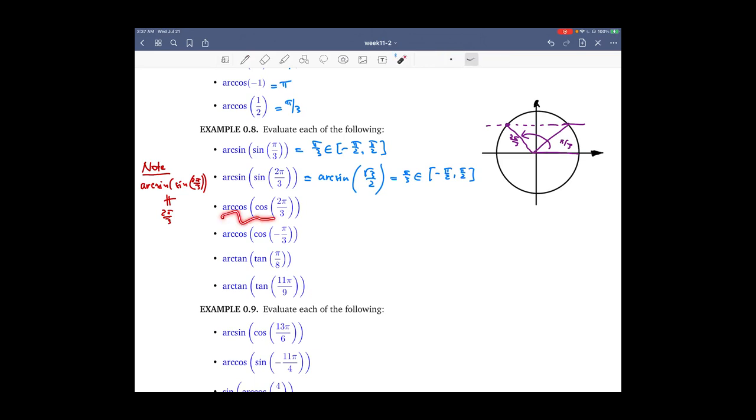However, arc cosine of 2 pi over 3 certainly is 2 pi over 3, because cosine of 2 pi over 3 is cosine of 2 pi over 3, and that angle is in the interval 0 pi.